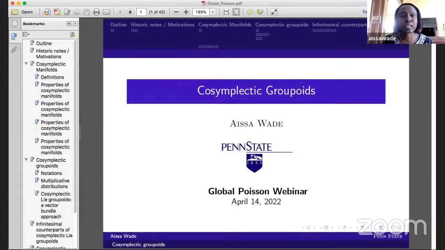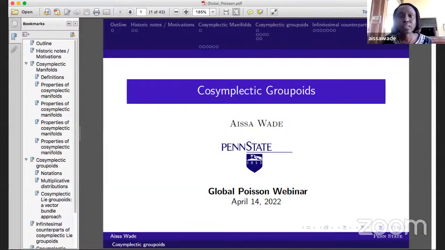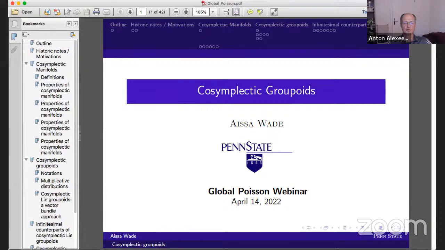You can see on the top you have two pages. But we are now on the first slide, right? The title page. Cosymplectic Groupoids. Oh, really? This is not normal.